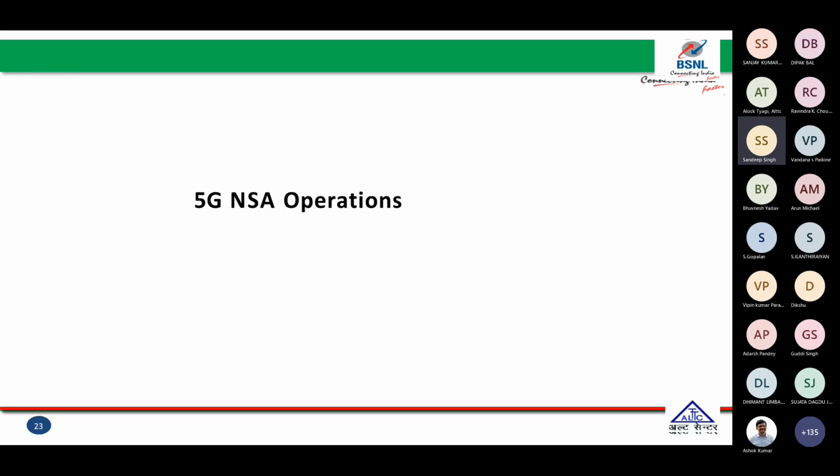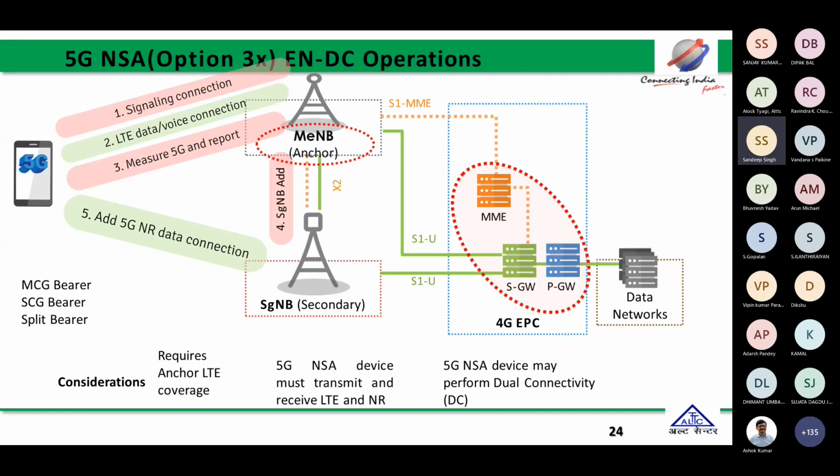So we move on to the 5G NSA operation. 5G non-standalone operation is very similar to the 4G operation. In 4G, what the PDU session is in 5G is known as the EPS bearer, and the PDN connection is there in 4G.